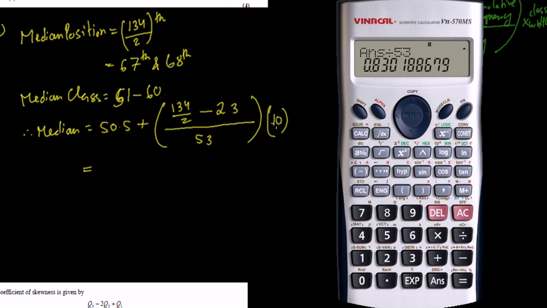Remember, multiplication first. PEMDAS, PEM, M for multiplication. So multiply by 10. So after everything has been done, we can add with 50.5 plus that would be 58.80189.